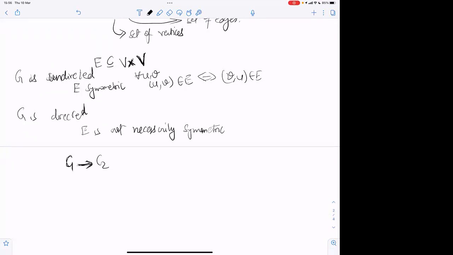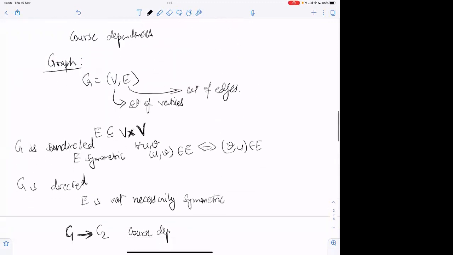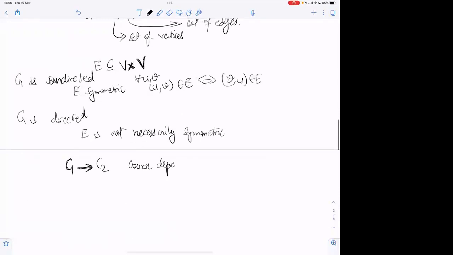In the case of these course dependencies, the graph is acyclic.